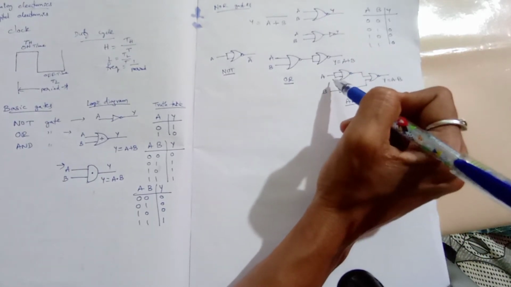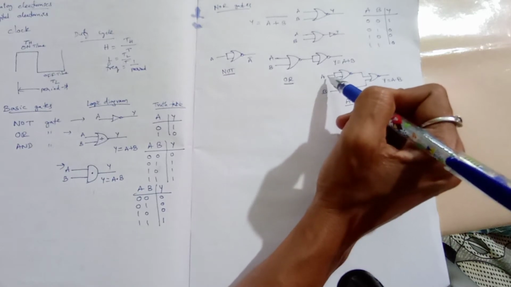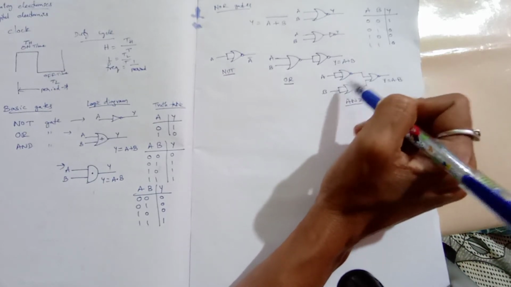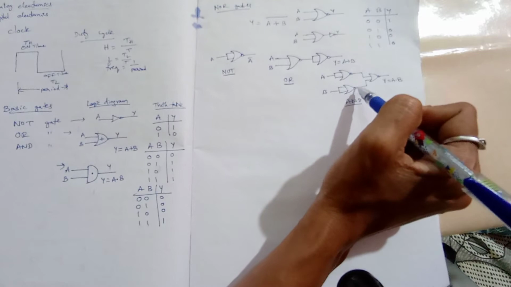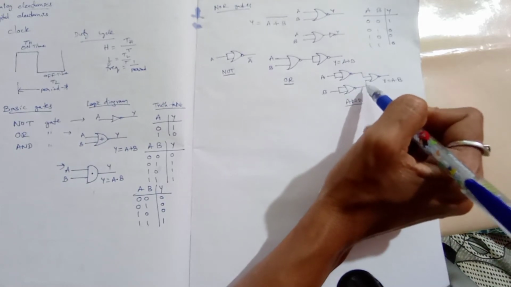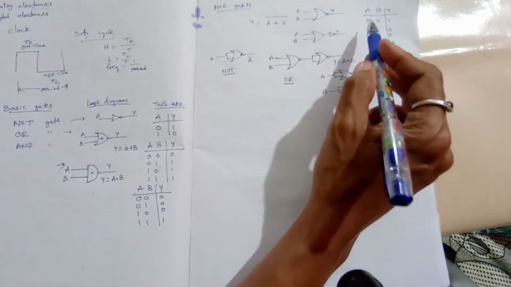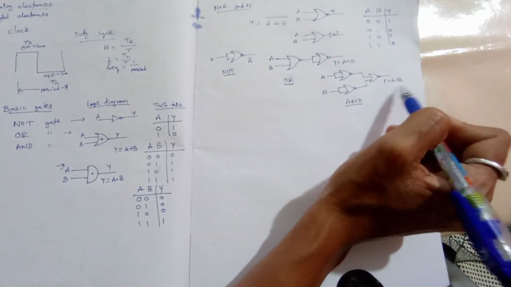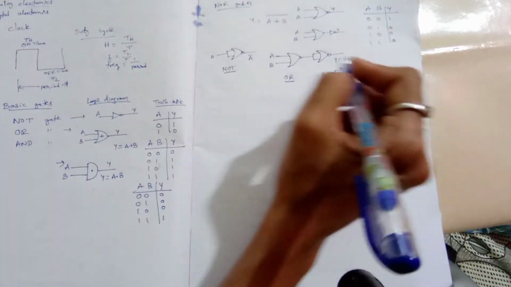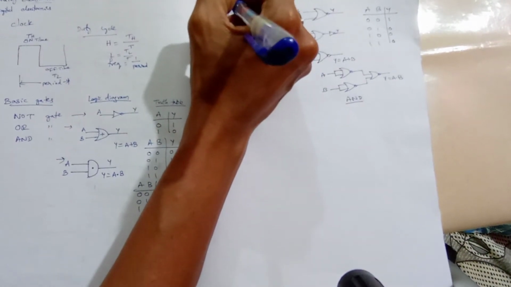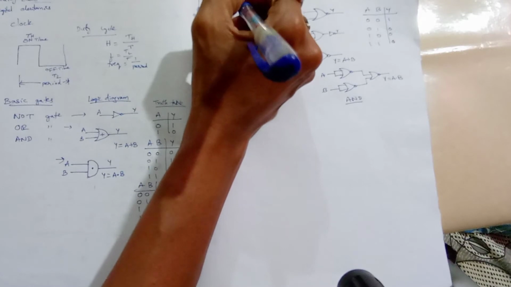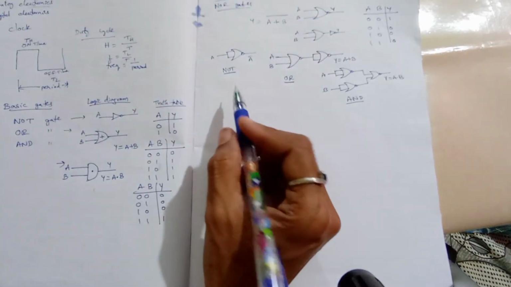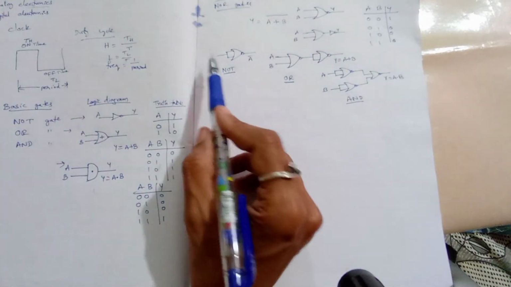Now we'll check the last case, that is 1, 1. When you give 1, 1, the output for this is 0, 0. 0, 0 is inputted, output becomes 1. That means AND gate is satisfied. So this is said to be universal gate. We can construct any basic gate by using this NOR gate.